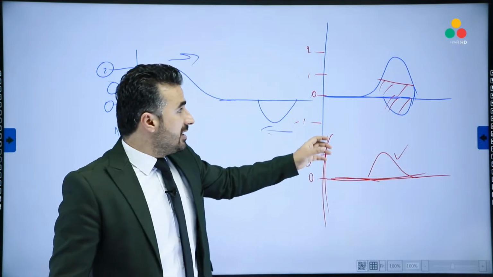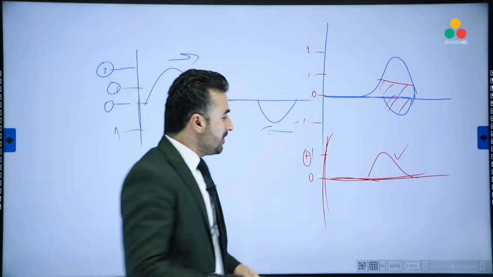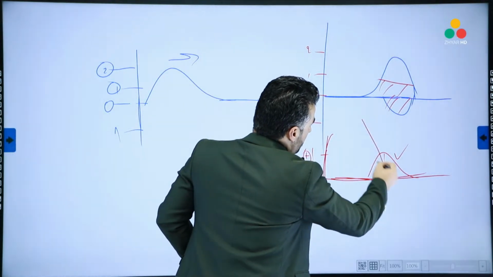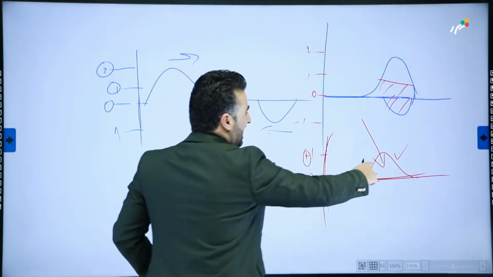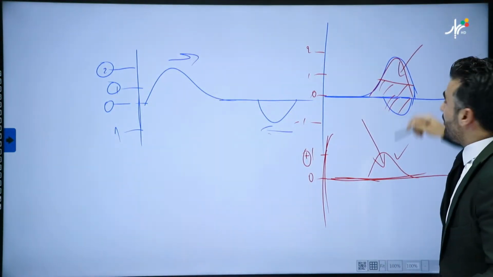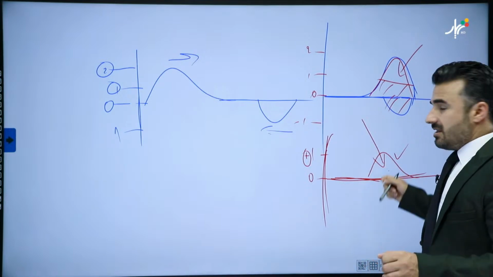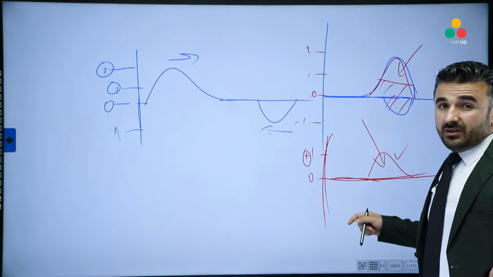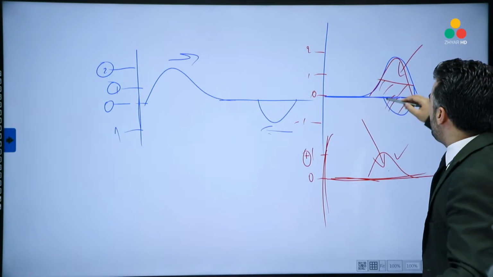So based on this, we can say whenever we have a weakening destructive interference, the amplitude of the resultant wave would be less than the amplitude of the wave with the greatest amplitude. Remember, this is very important. We cannot say the amplitude will be less than the amplitude of the individual waves, because it could be bigger than this.